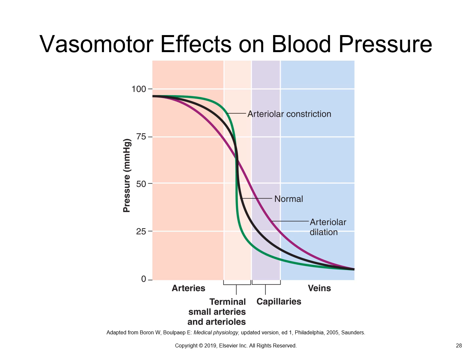This graph has three curves on it, and it represents different conditions of arterial diameter. We have the green line, which represents arteriolar constriction. Then the black line shows us normal, and then the purple line shows us arteriolar dilation.